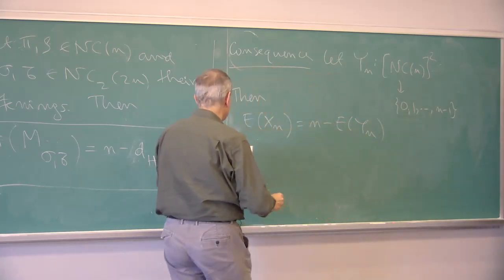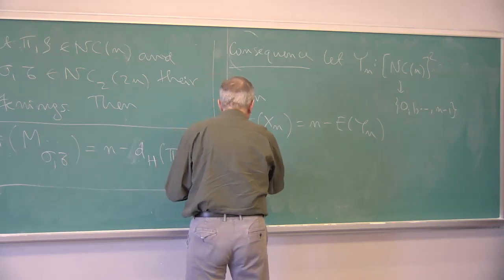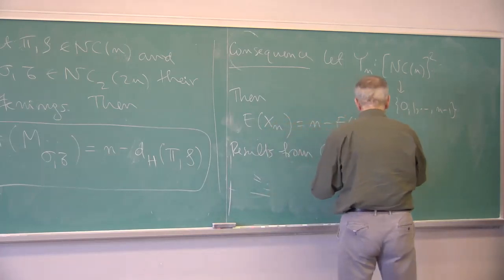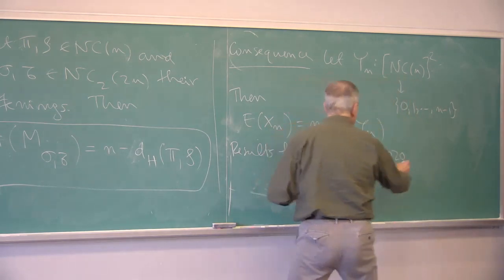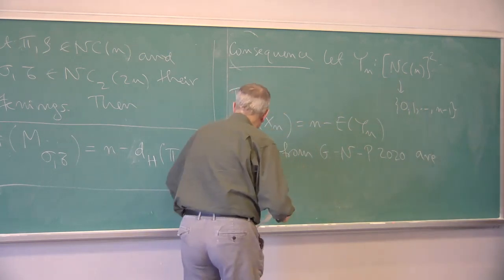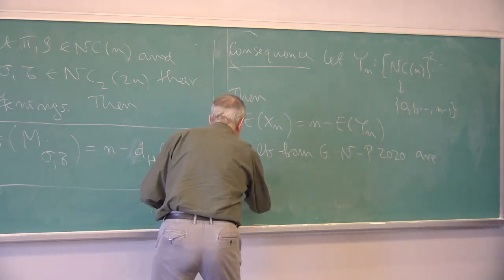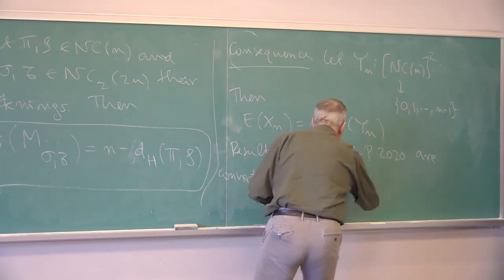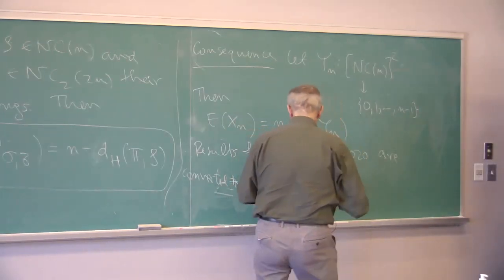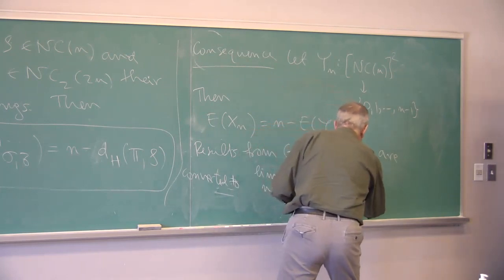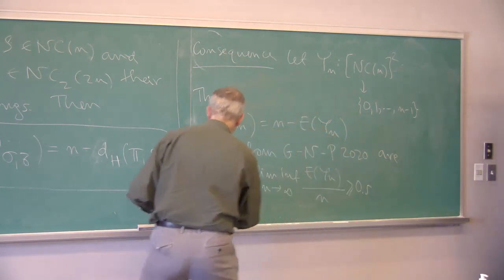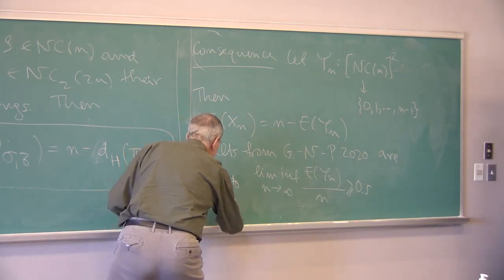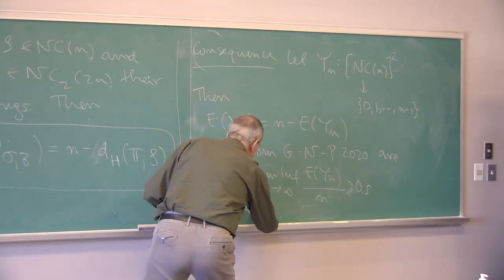So then the results from my paper with Yen and Doron are converted to putting bounds: the lim inf of E[Y_n]/n is greater or equal 0.5, and the lim sup of E[Y_n]/n is less or equal 0.83, right?